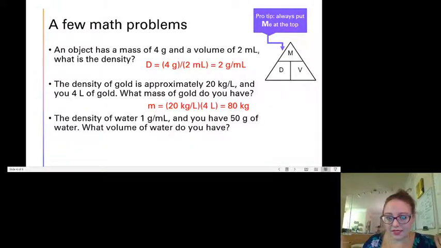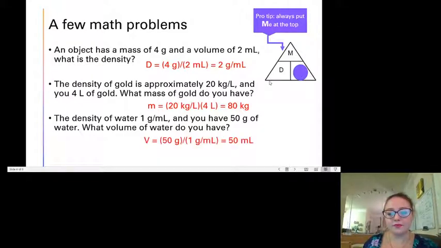Last one on this. So our density of water is 1 gram per milliliter, and we have 50 grams of water. And we want to know what volume we have, because volume is usually measured in liters or milliliters. So we cover up that V over here, because that's what we're looking for. And we have mass divided by density.